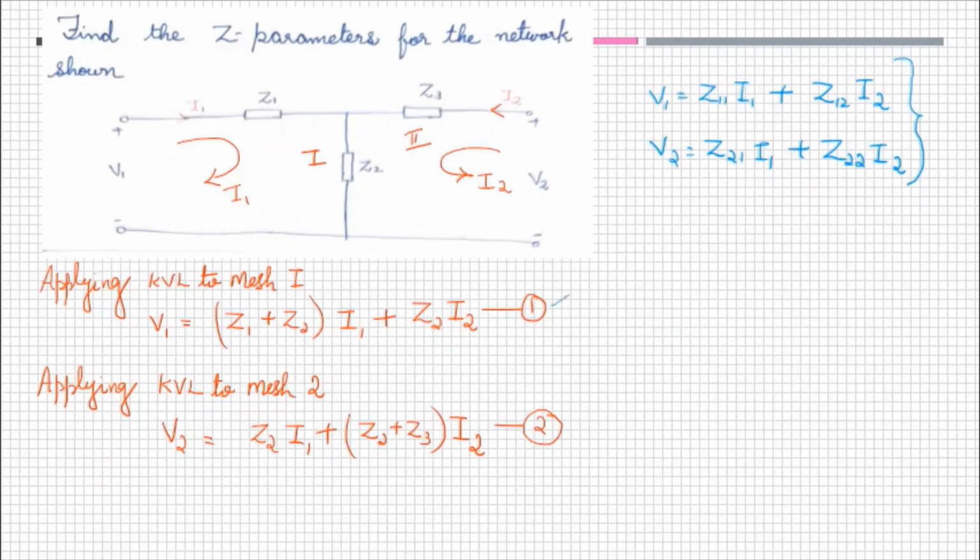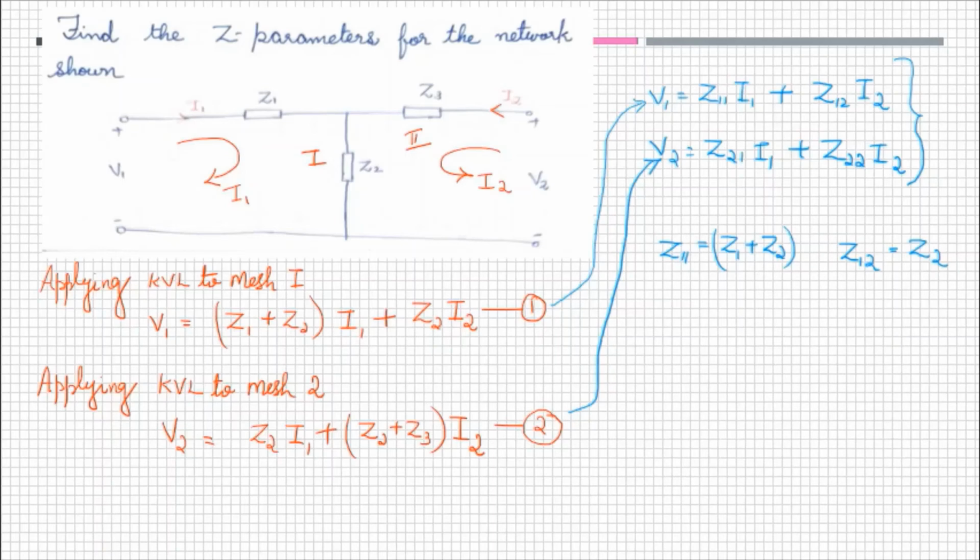So comparing the coefficients of equation number 1 with this equation, we will get the values for Z11 and Z12: Z11 is Z1 plus Z2 and Z12 is Z2. Then compare equation number 2 with the second equation and compare the coefficients.